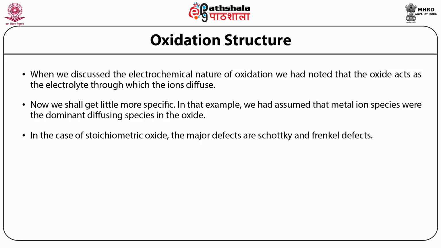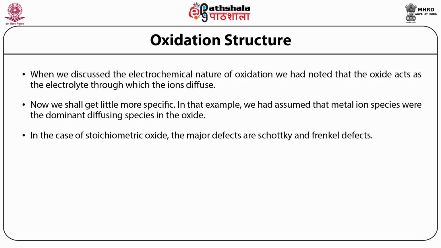So now let us consider the case of stoichiometric oxide, where the major defects are Schottky and Frenkel defects. So defects can be classed as those that form in stoichiometric oxides and those in non-stoichiometric oxides.